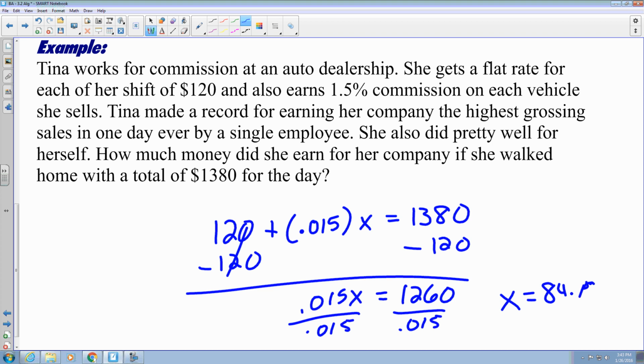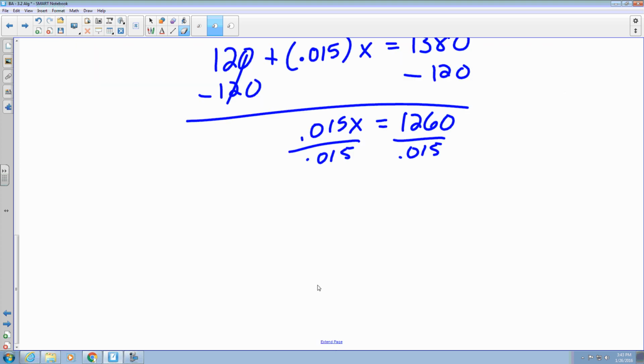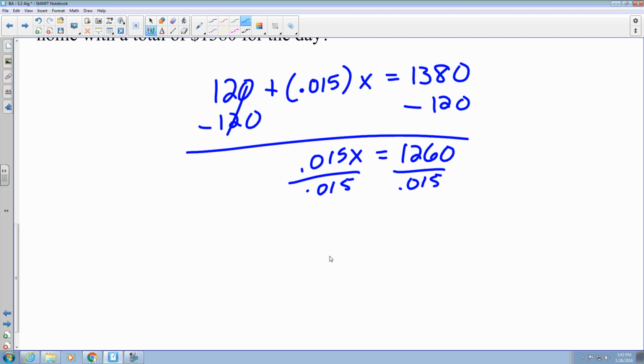Oh, I'm not writing it right. Here, let me erase that. Let me move this down a little bit. So x is going to equal $84,000. So she either sold a really expensive car or a couple really nice cars or several fairly standard cars.